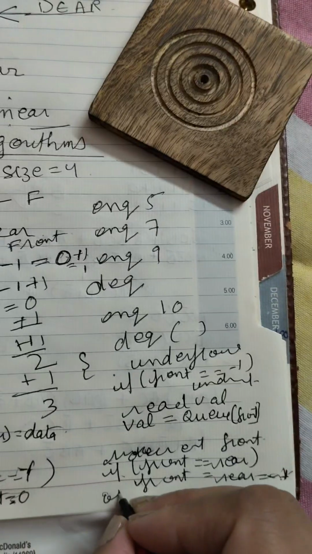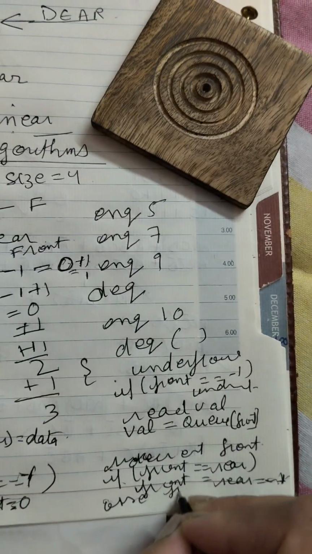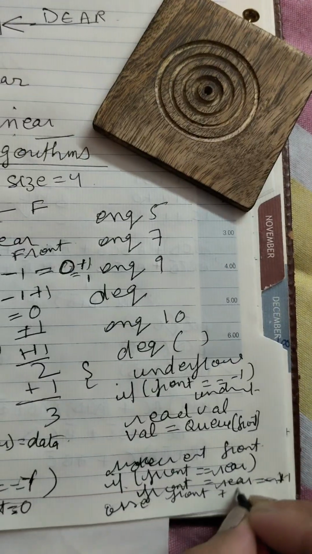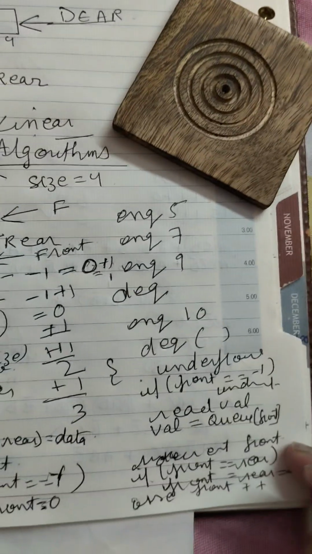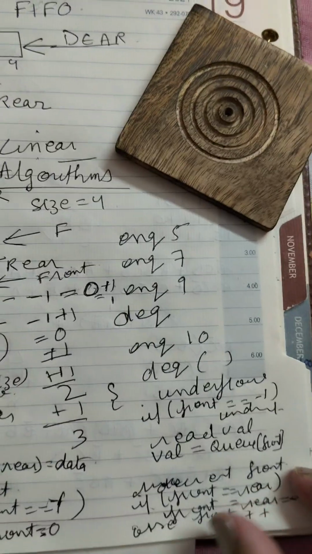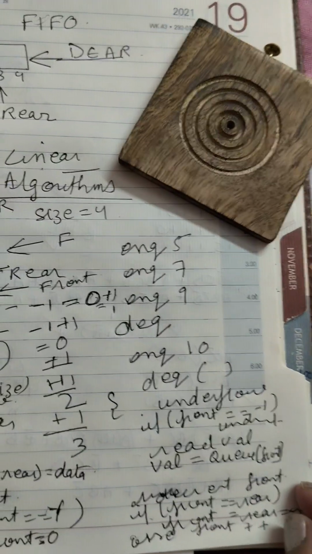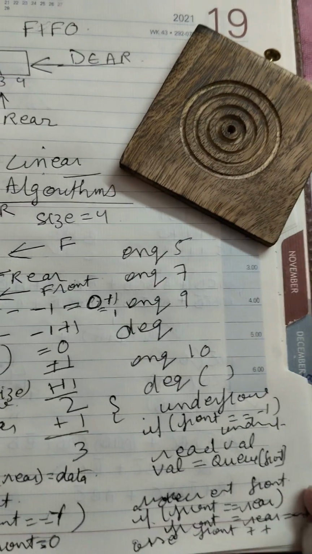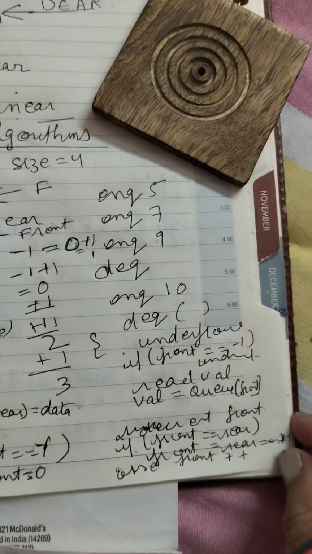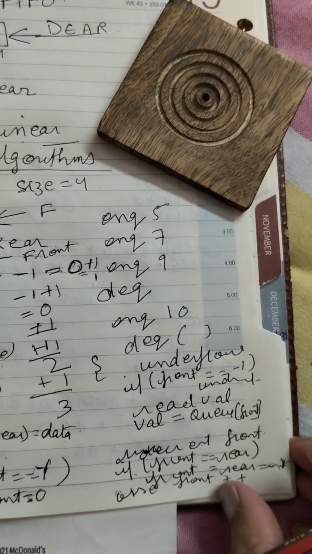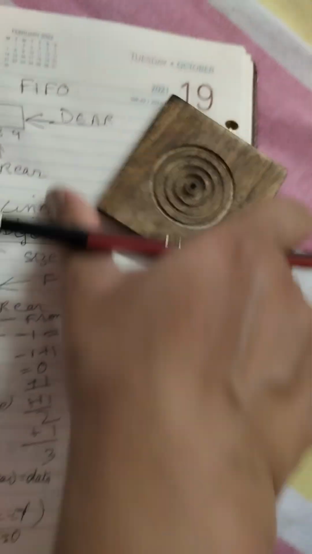Otherwise I will say front plus plus. So what is the condition? If the front is equal to rear, that means the queue has become empty, and therefore they should be reset to minus 1. Otherwise front is incremented. Let us discuss this case once again.